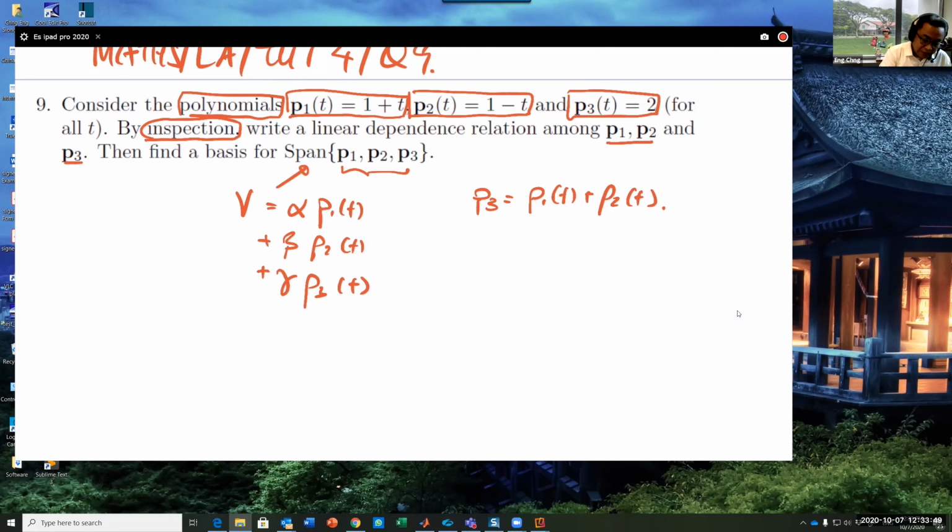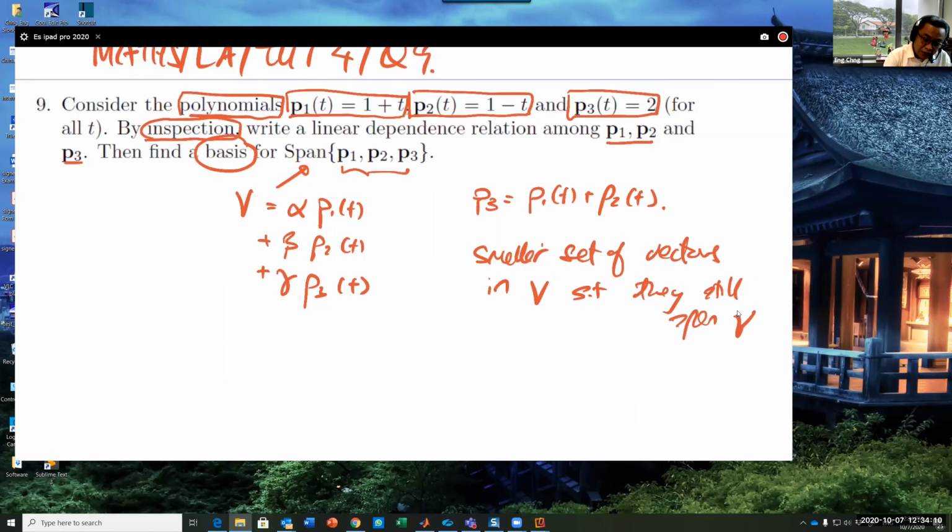And then he says, instead of using these three vectors, can I find a smaller set of vectors in V such that they still span V? So the key thing is we want the smaller set to span V and be independent.